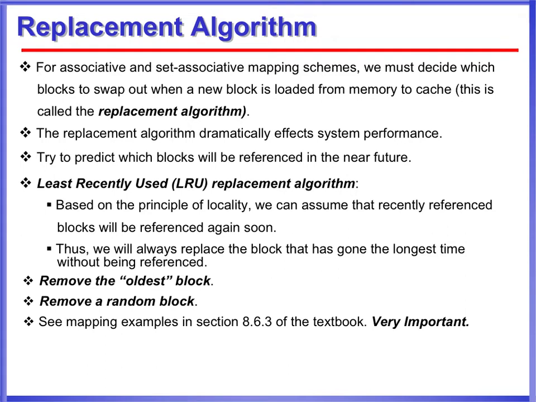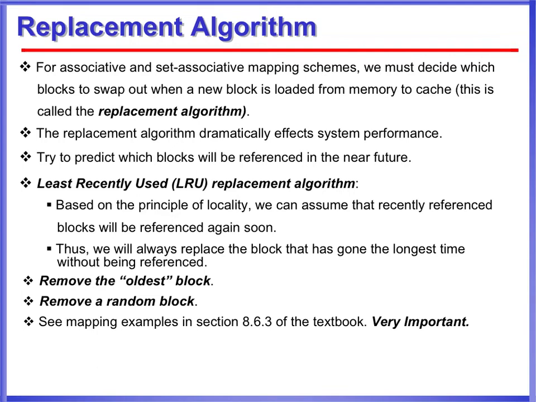That's the whole idea behind these replacement algorithms, and they can dramatically affect system performance because there's a huge penalty when you get a cache miss. So we want to avoid cache misses as much as we can. Probably the most common is the least recently used replacement algorithm. I've got to copy a block from memory into cache, and my cache is currently full.